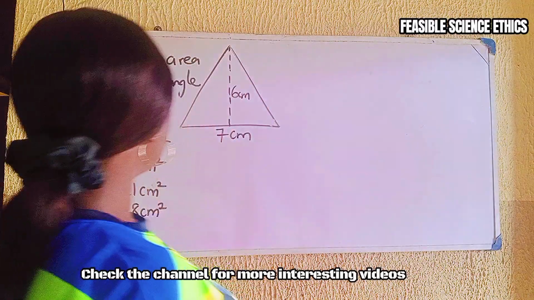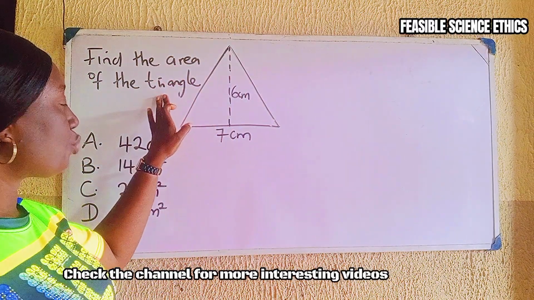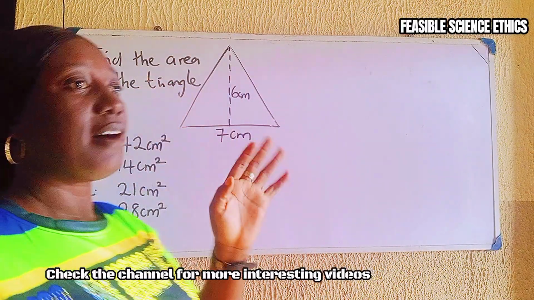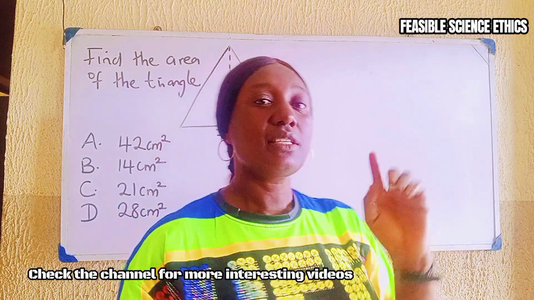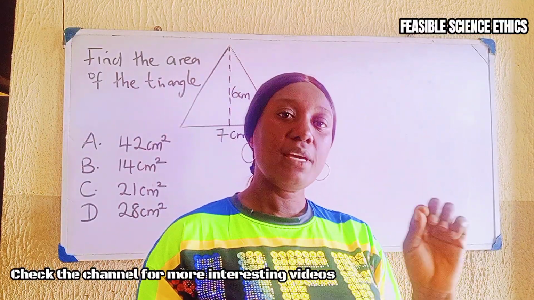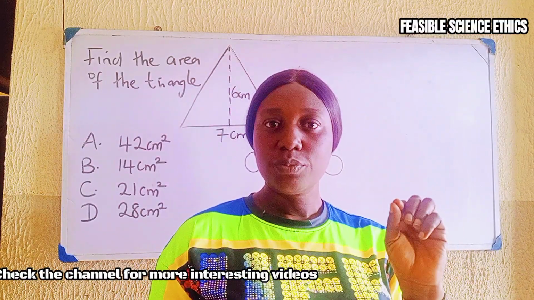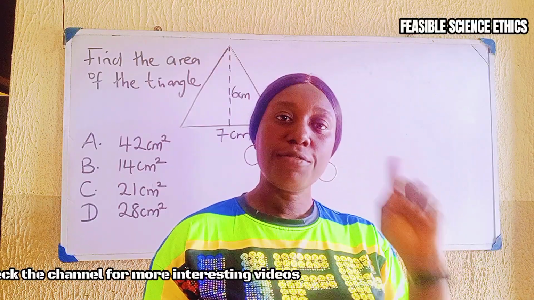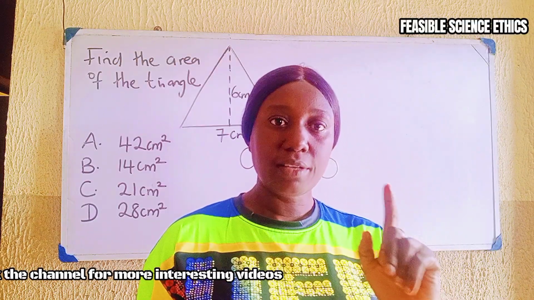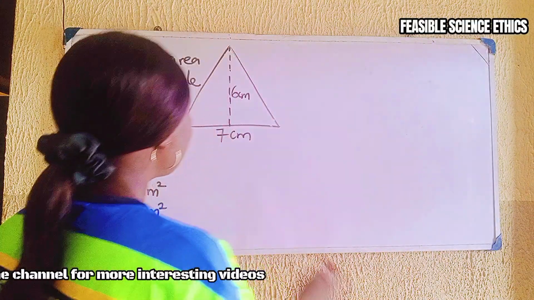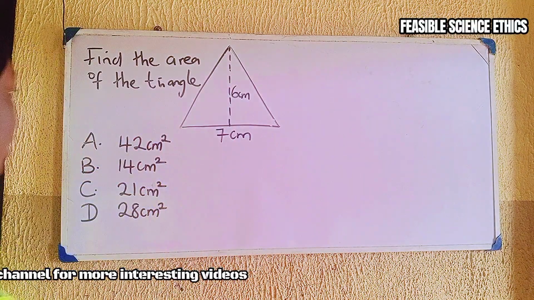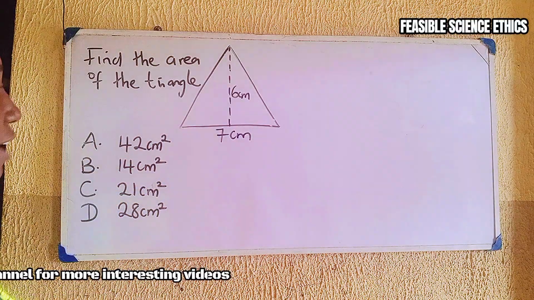Now, since we are asked to find the area of this triangle, the formula for the area of a triangle is given as half base times height. What did I say? Half base times height. So among these options, let's see the correct answer.